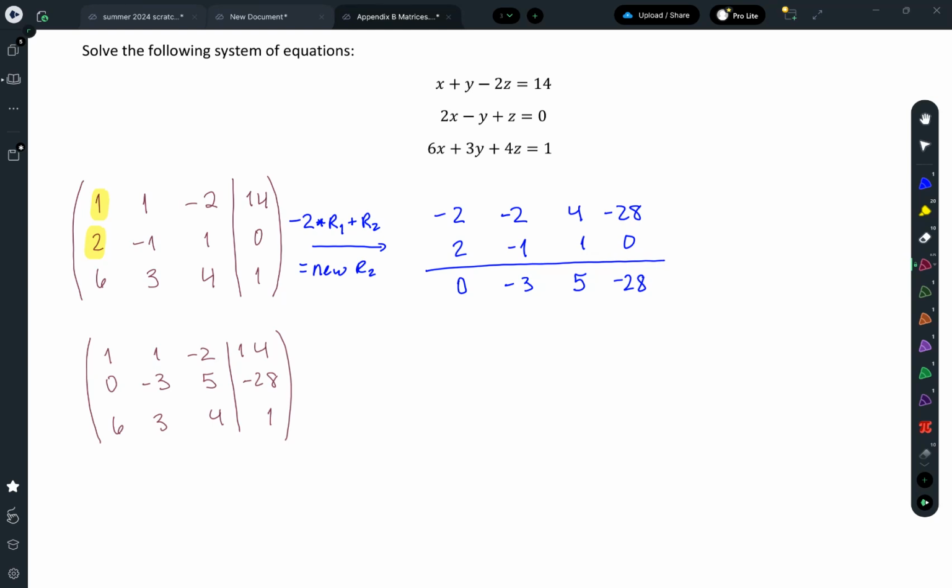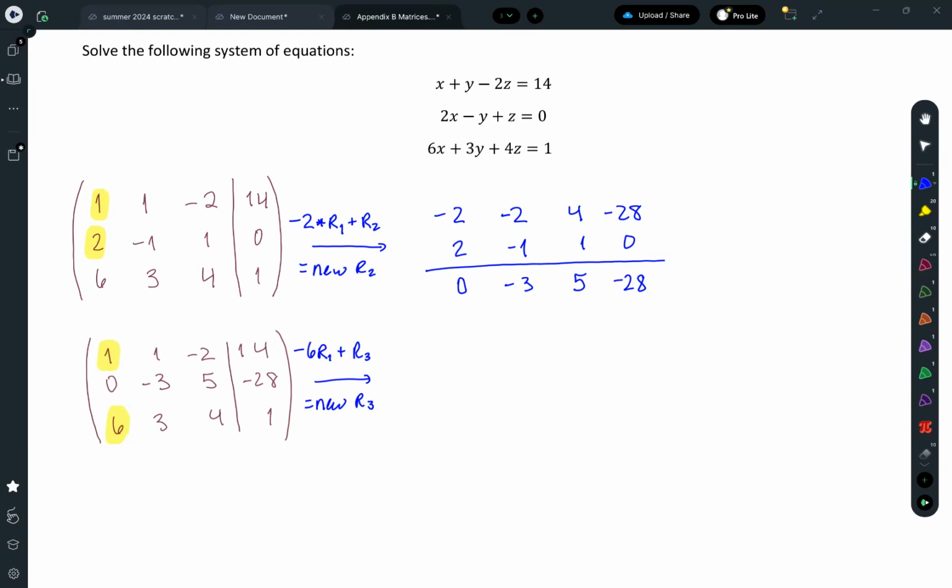Now I want to eliminate the x's in the third equation. If the first column in the first row was a -6, I could add it to the third row, and that would get rid of the x's. So it seems like -6 is the multiplier I need to send through row 1, and then add to row 3 to give me a new row 3.